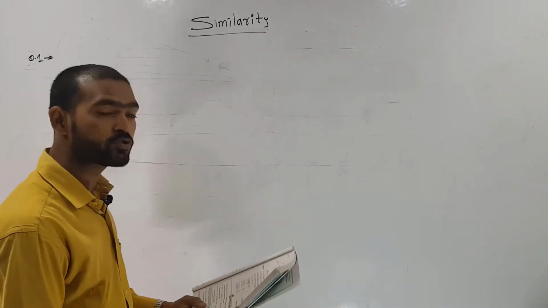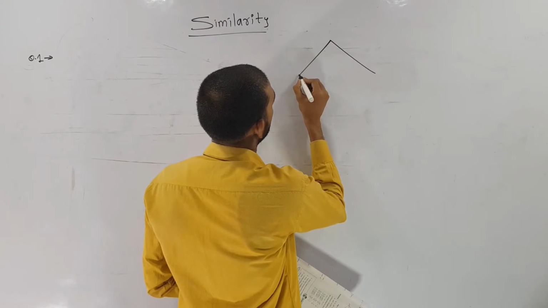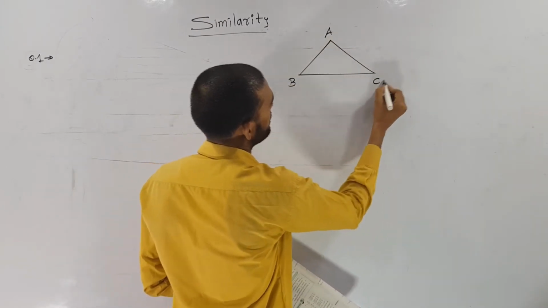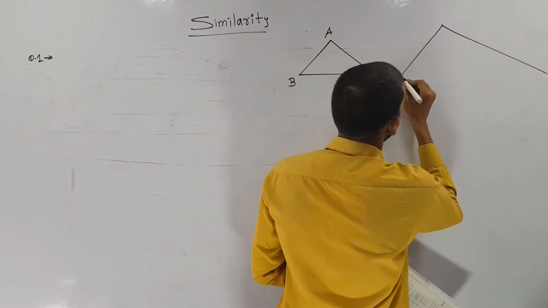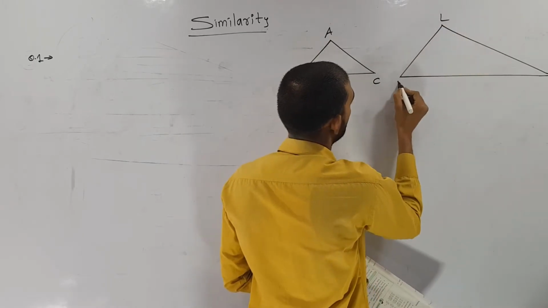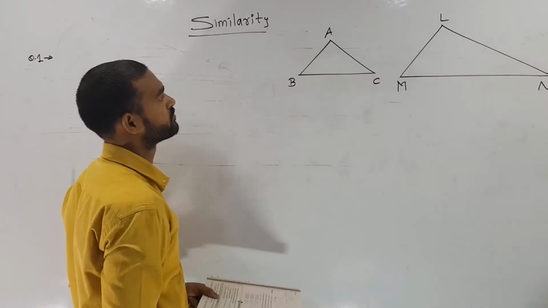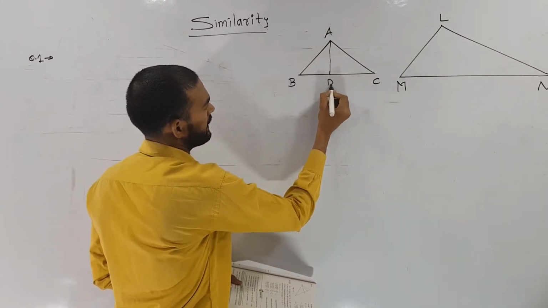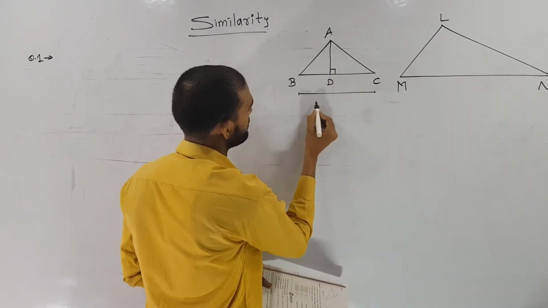So here they gave us two triangles. Let us say my first triangle is ABC and my other triangle is LMN. Here the question says the first triangle has height AD and the base is BC.